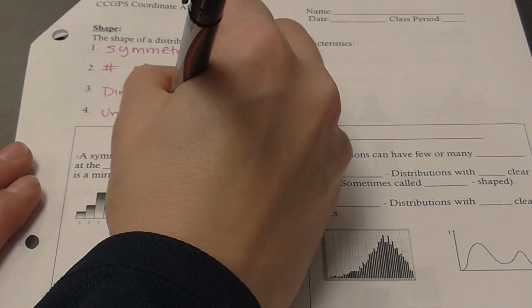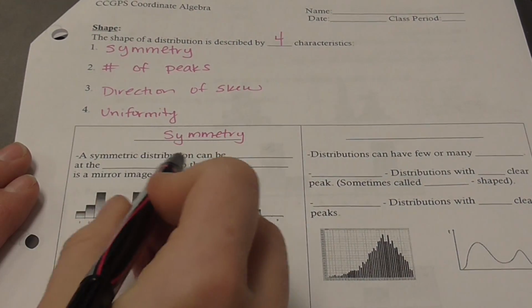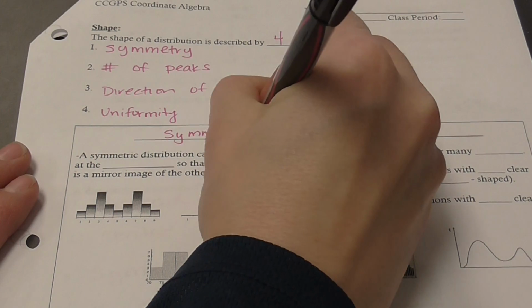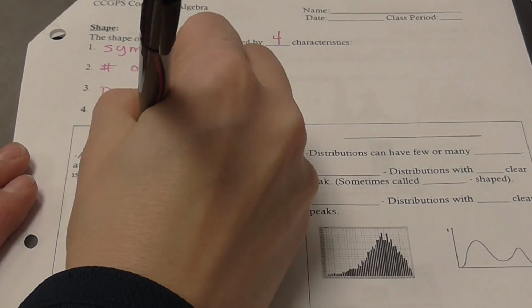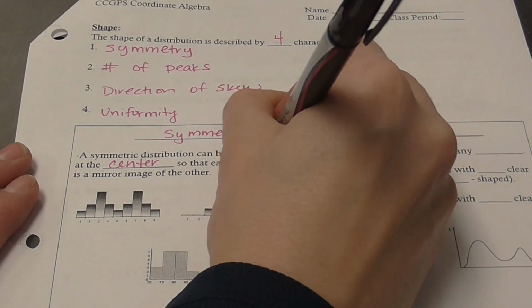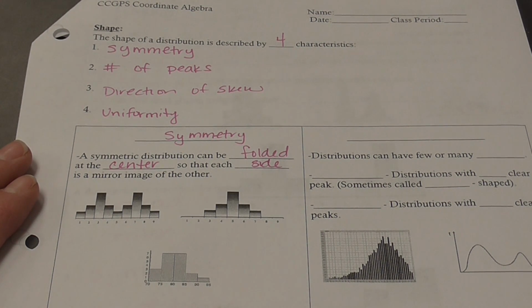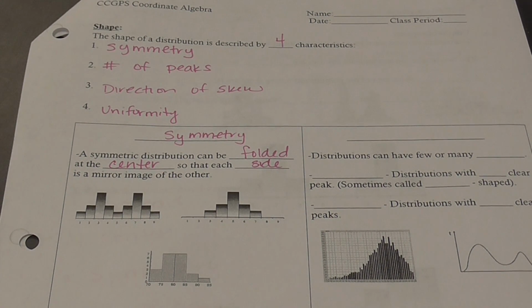Okay? So symmetry. A symmetric distribution can be folded at the center so that each side is a mirror image of the other. Okay? And it doesn't have to be an exact mirror, but really, really close.